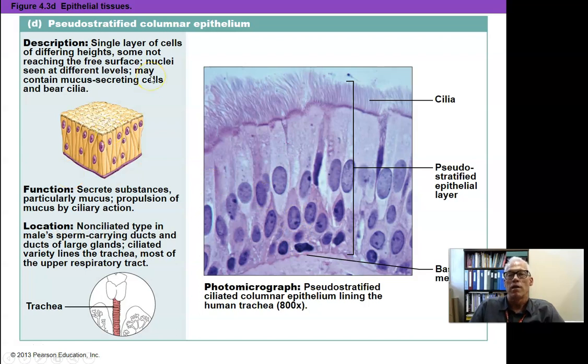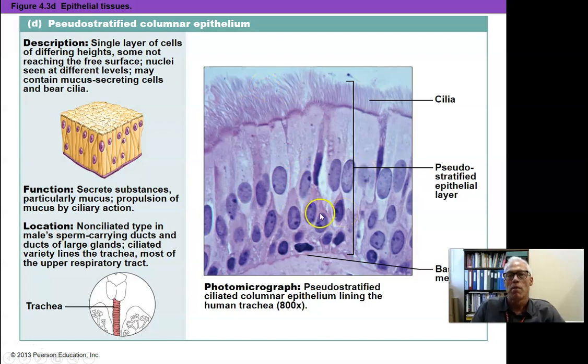So far we looked at simple squamous epithelia, simple cuboidal epithelia, and simple columnar epithelia. Now we come to kind of an exception in terms of that organizational scheme. This epithelium has apparently multiple layers.